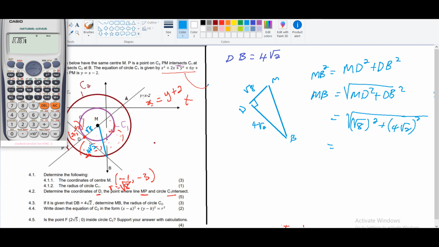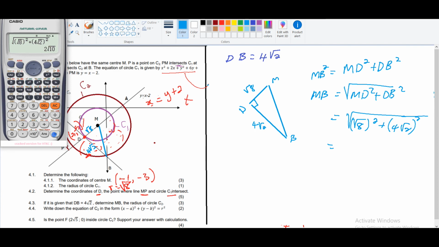Plus, and then plus what? 4 square root of 2. Then you close your bracket, and this one is squared.